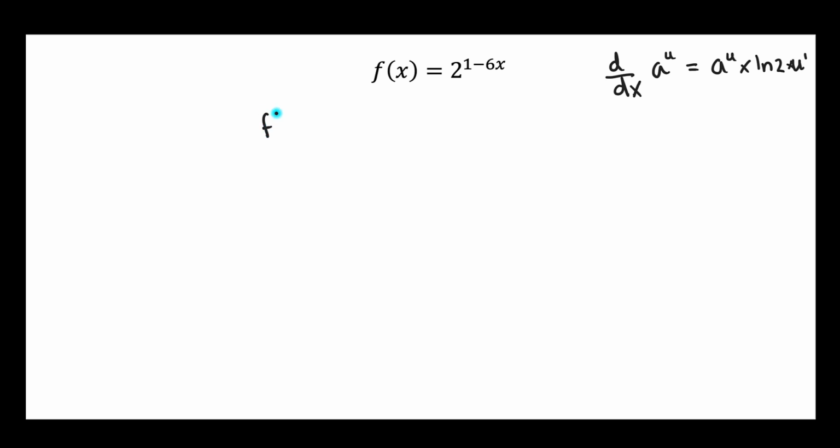So if I do f dash x, I would get, differentiating the outer part, 2 to the power of 1 minus 6x times the natural log of 2, then multiplied by the derivative of the inner part, which is 1 minus 6x.